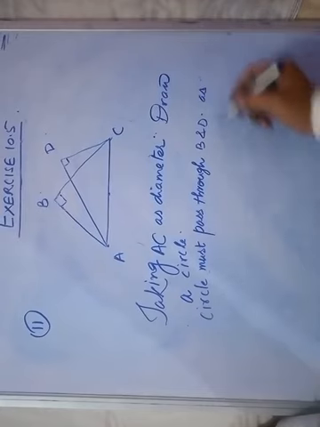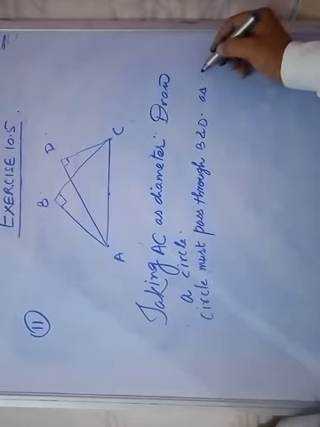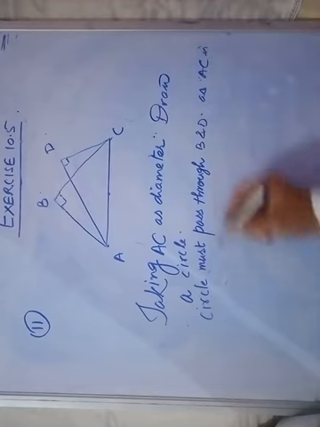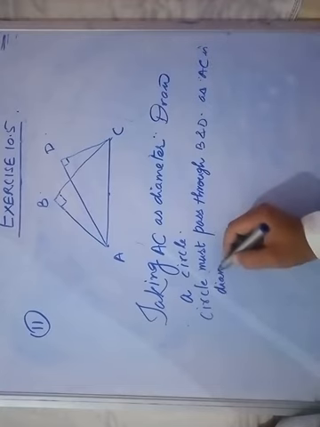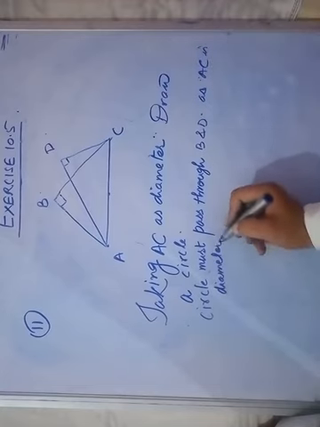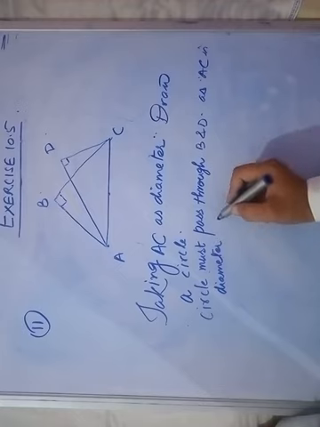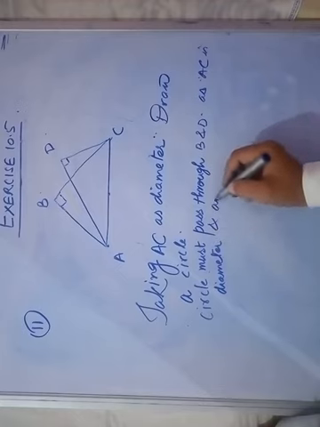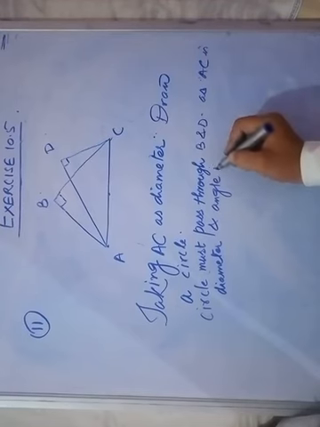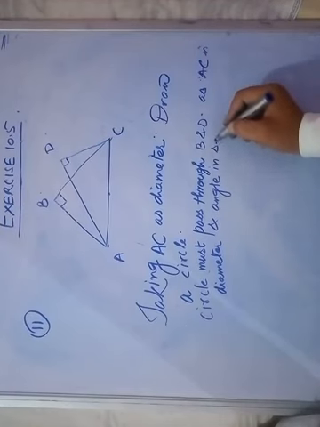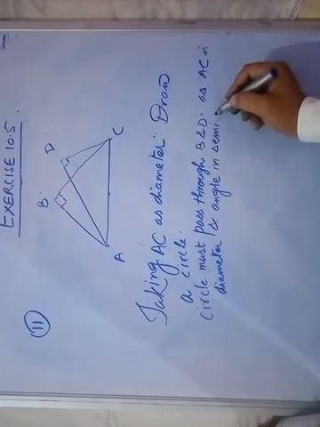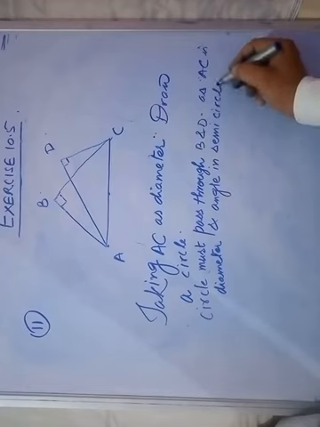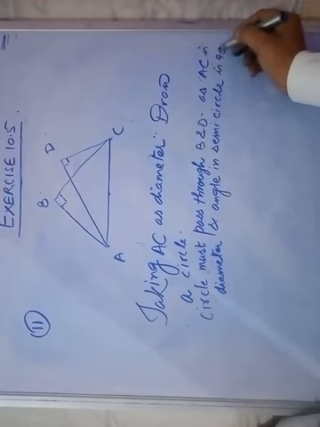as AC is diameter and angle in a semicircle is 90 degrees.